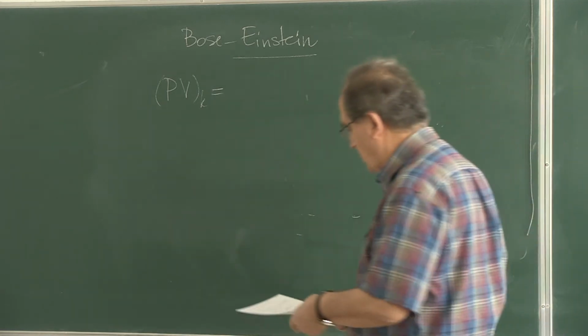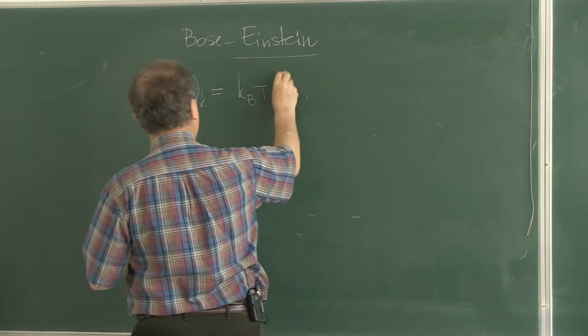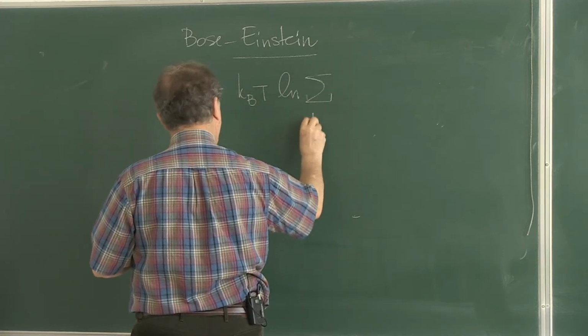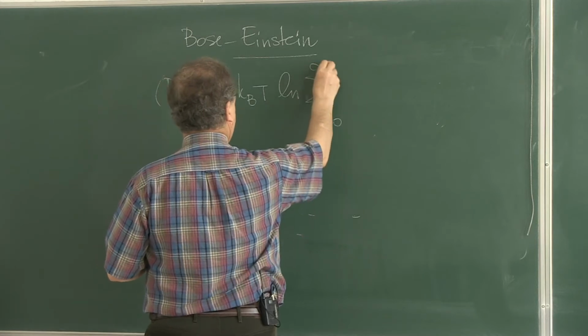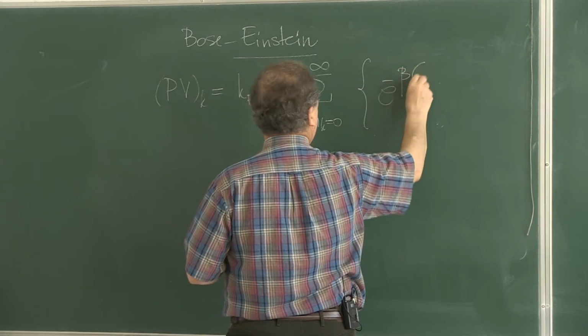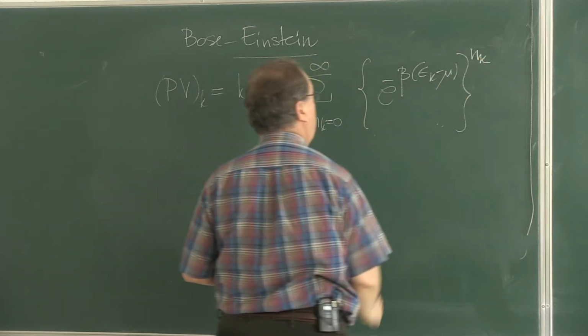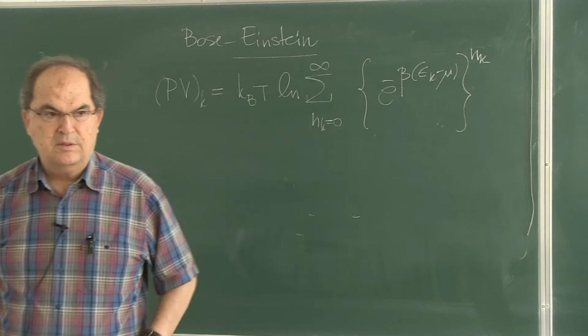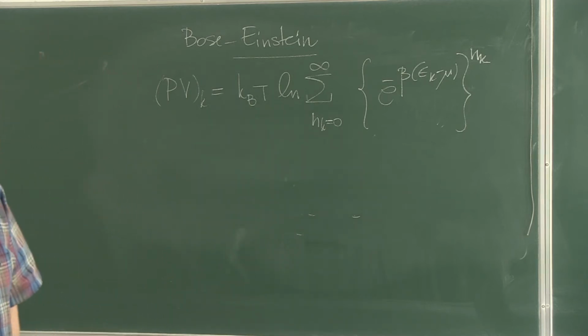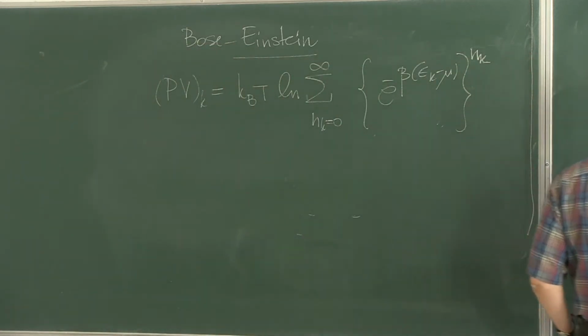So this is grand potential, omega, kBT, to the power nk. Now this is a power series, isn't it? nk can be anything. It doesn't have only two values, as in the case of Fermi-Dirac distribution function.